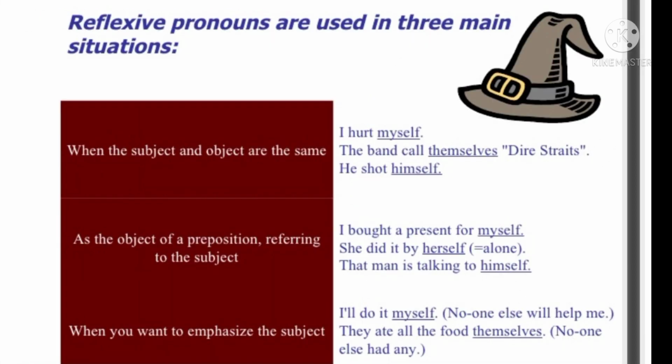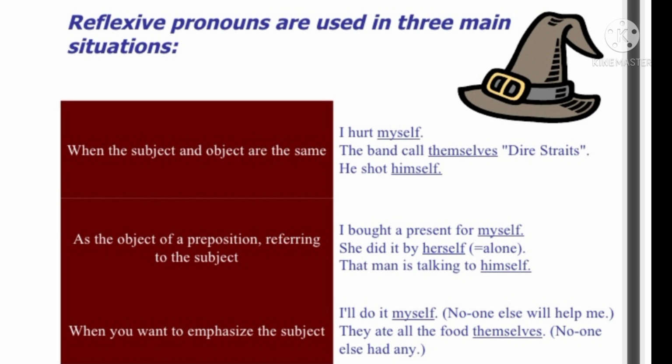Reflexive pronouns are used in three main situations. First, when the subject and object are the same. For example, I hurt myself. Which is the subject here? I. Object, myself. Both mean the same person. When the subject means object, we use reflexive pronouns.